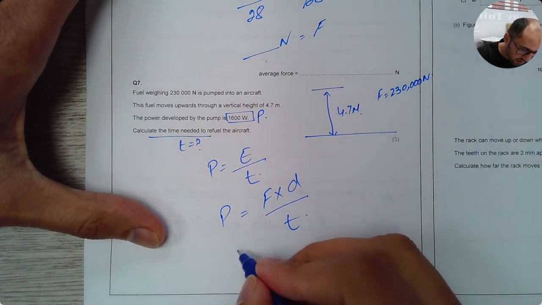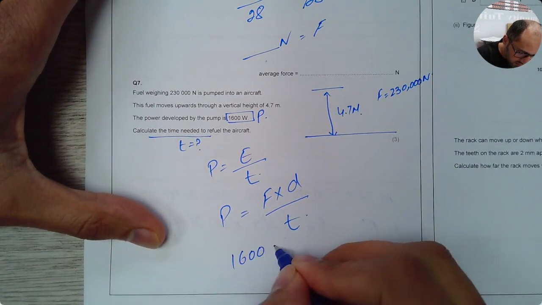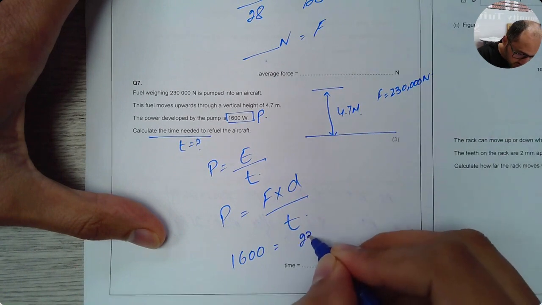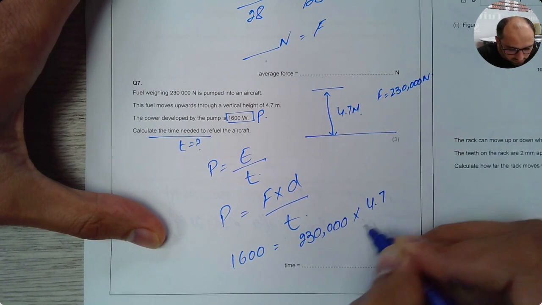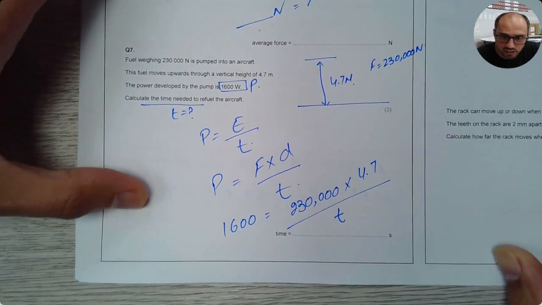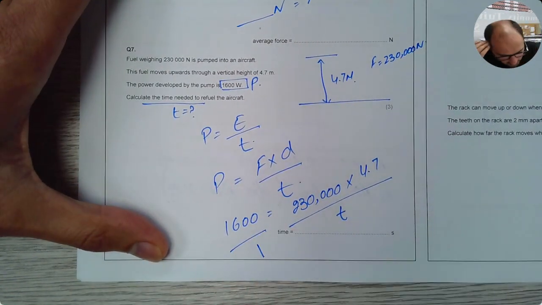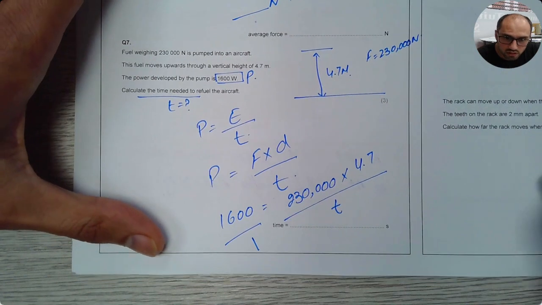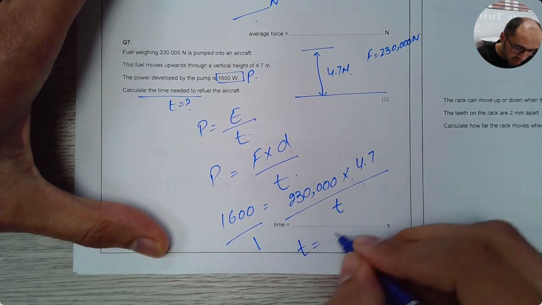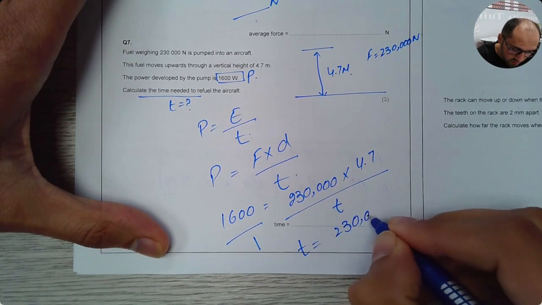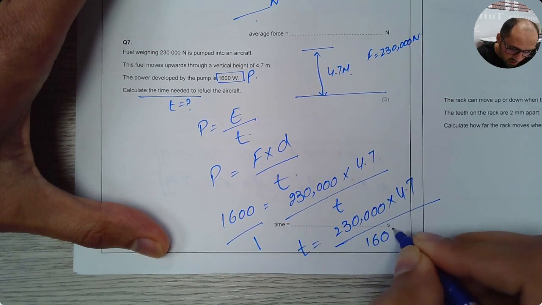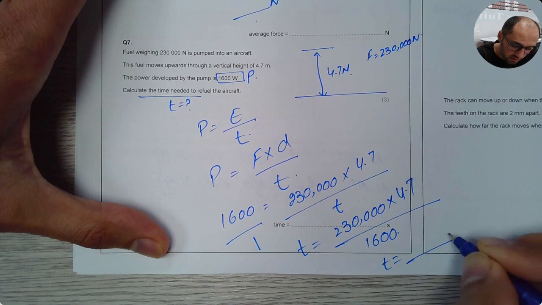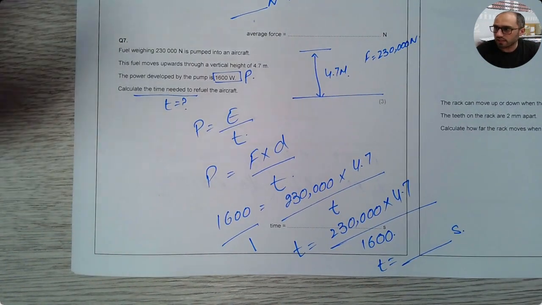So power has a value of 1600. The value of force is 230,000. The value of distance is 4.7, and we do not know the value of T. You can put 1 in the denominator and cross multiply. You'll end up with T being 230,000 times 4.7 over 1600. If you plug it in your calculator, it will give you the answer in seconds.